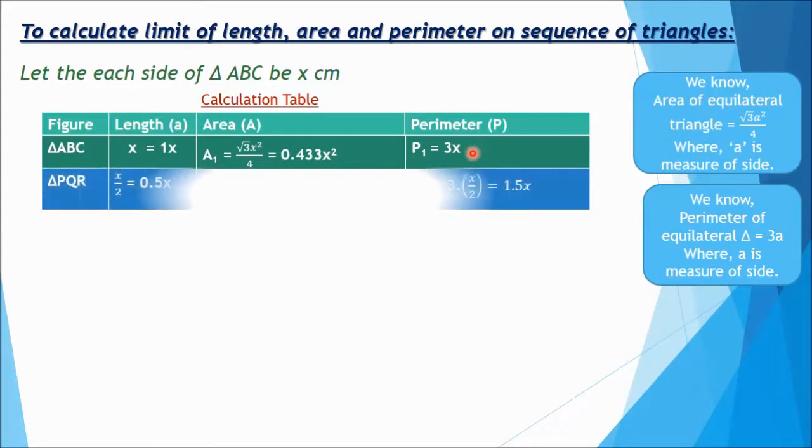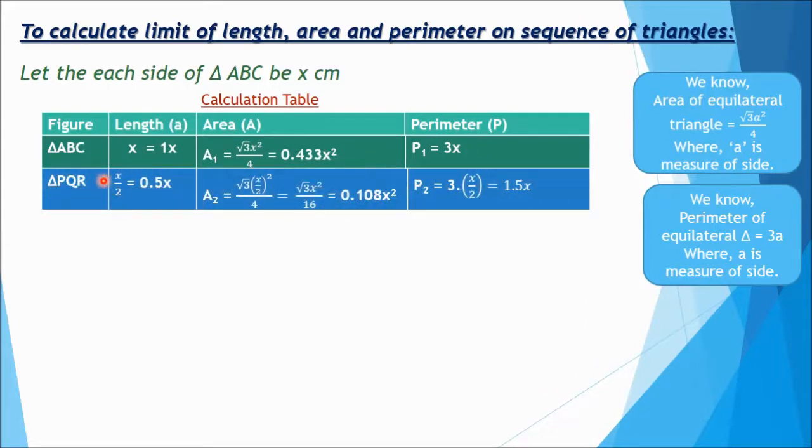Now the second figure, PQR, is drawn inside triangle ABC. You can go back to this figure and see that the length will be half, because it is drawn from the midpoint. Now how will it be half? Let's do it roughly.